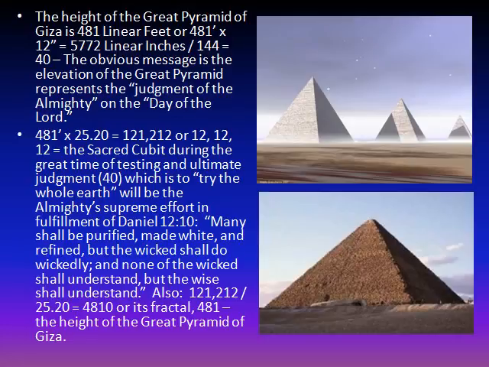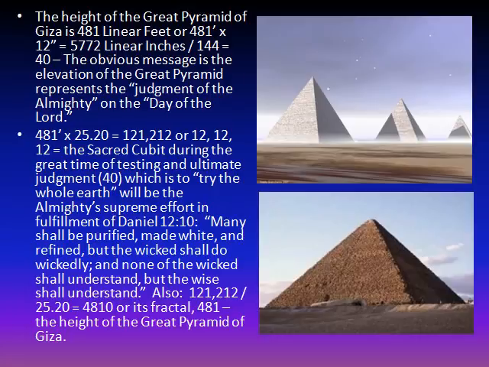481 linear feet times the measurement of the sacred cubits, 25.20, equals 121,212, or 3 sets of 12, 12, 12.